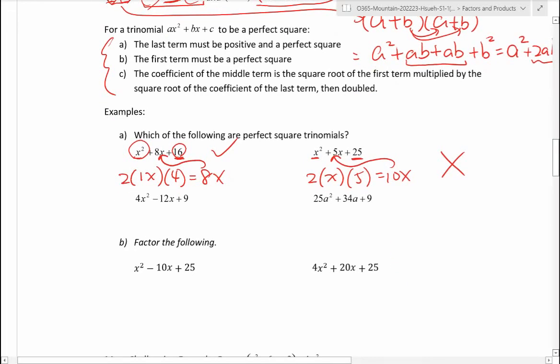Okay, let's check this one. That's a perfect square. That's a perfect square. So let's see. The square root of 4x squared is 2x, and we're going to multiply that by 2 as well. The square root of 9 is 3. If you multiply these 3 terms, that's 2 times 2, 4x times 3, 12x. Same as 12x.